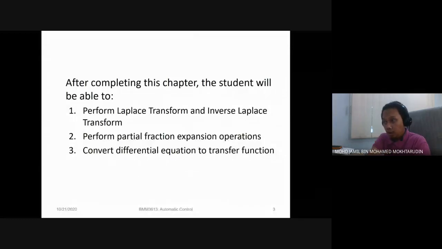I think you already learned Laplace transform in ODE, so you need to recall. Secondly, to perform partial fraction expansion, because you will have transfer functions later. And lastly, to convert differential equation into transfer function using Laplace transform.